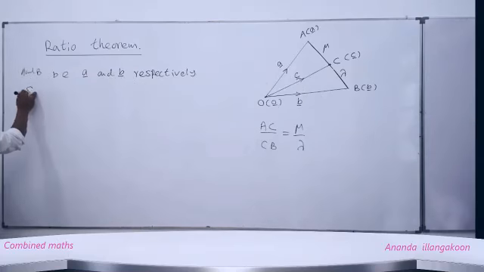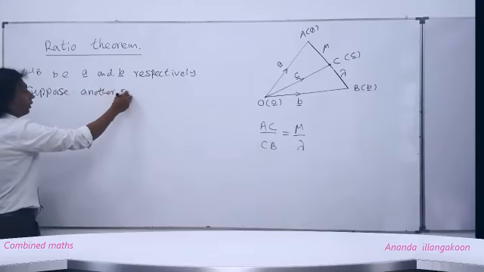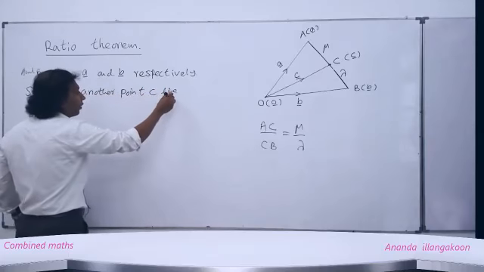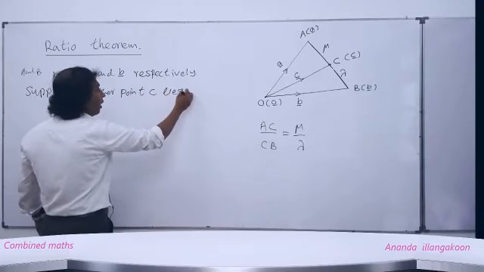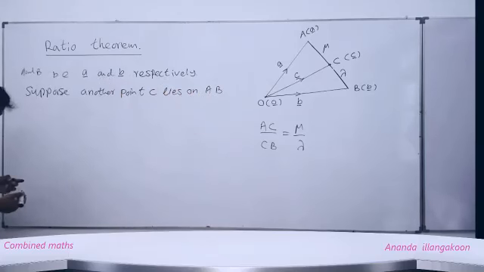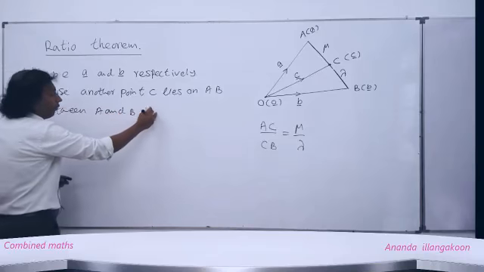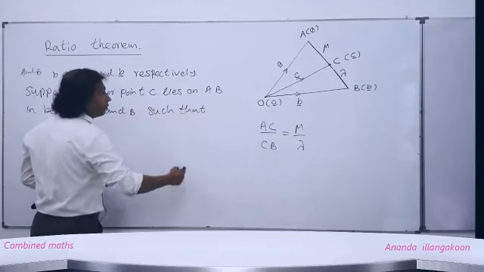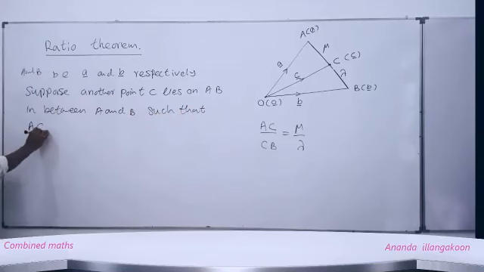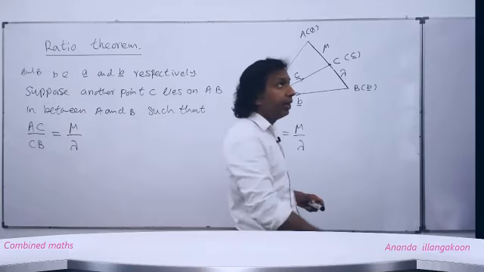Write down. Suppose another point C lies on AB, in between A and B, such that AC divided by CB equals mu divided by lambda.